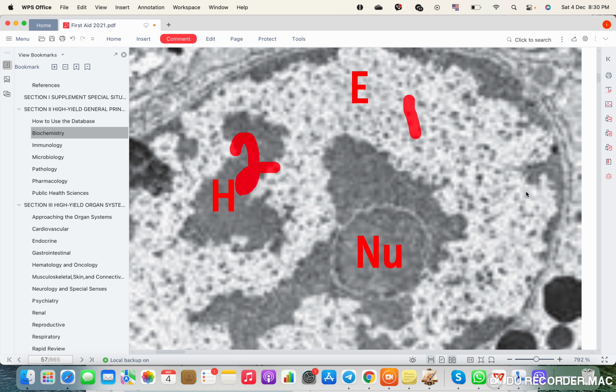Excellent. If they tell you which one of the following is undergoing massive demethylation? Demethylation. Which one of the following has reduction of the methylation?